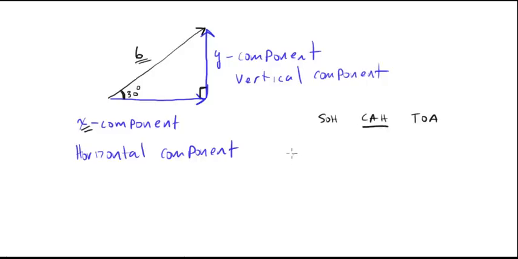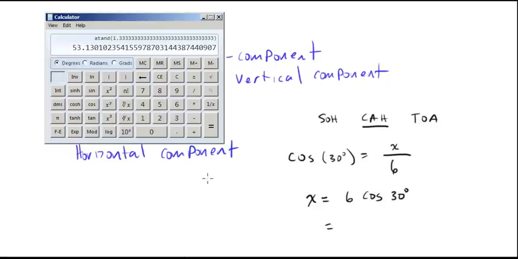I'm going to say that the cosine of the angle, which is 30 degrees, is equal to the adjacent, that's what I'm looking for, that's x, over the hypotenuse, which is 6. And so I can say that x equals 6 cosine 30 degrees. Now I take out my calculator and type in 30, hit cosine, and then multiply that by 6.